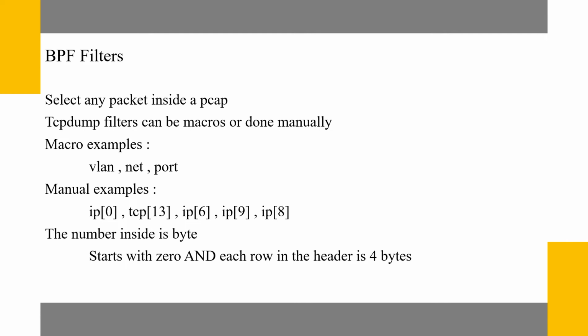when we want to check a field, like what is the byte offset of that field, you start from the very top, you start with 0, and each row that you go to the end is 4 bytes.